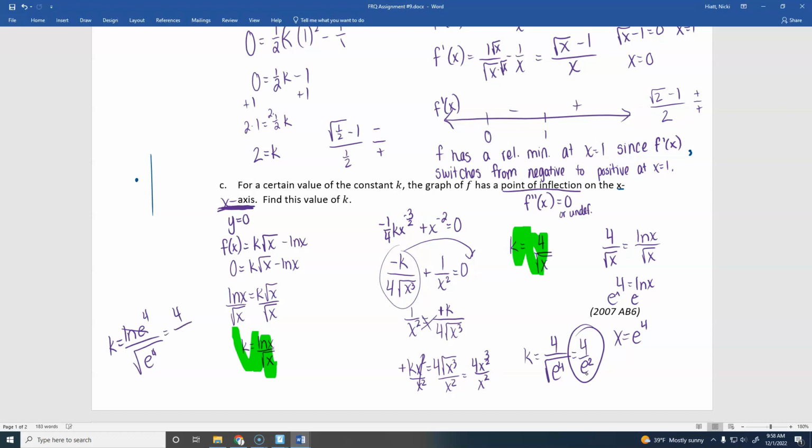It's just giving you 4 on the top, and then you'll get an e squared in the bottom also. Technically you could leave it here, you don't have to simplify it. Either one should give you the same thing.